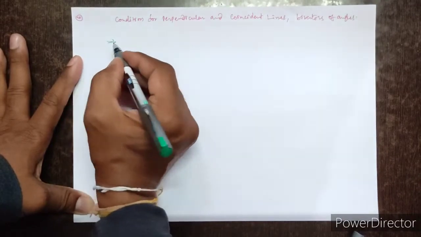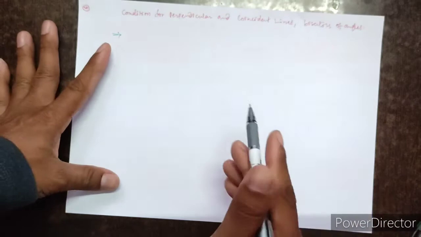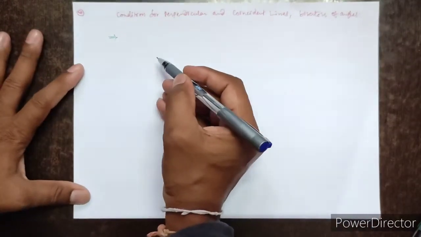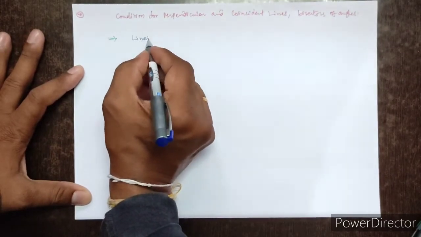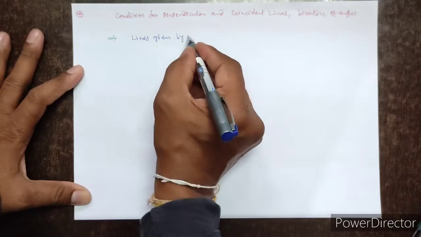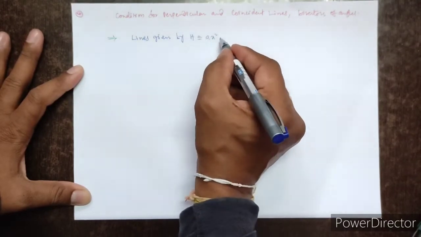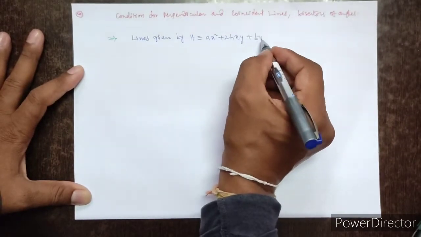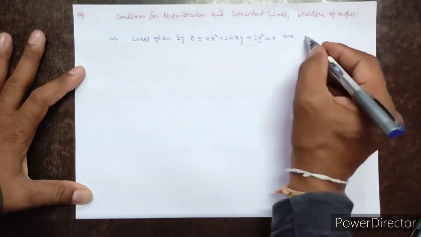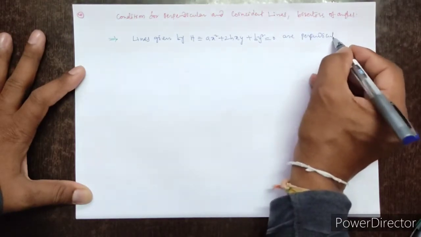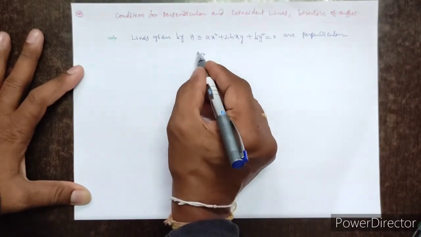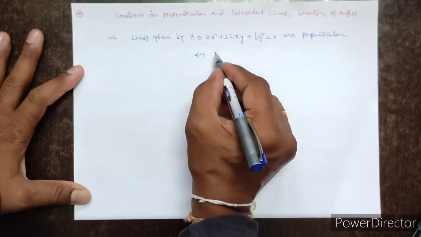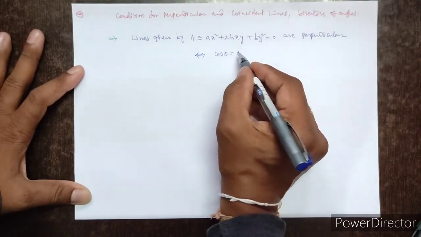If the lines given by ax square plus 2hxy plus by square equal to 0 are perpendicular, then theta is 90 degrees, therefore cos theta equals 0, since cos 90 is 0.